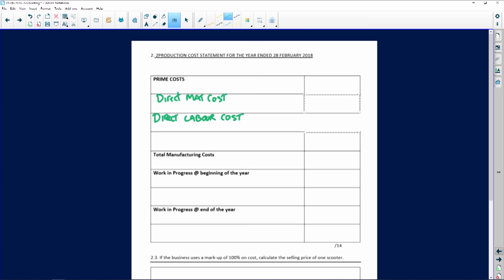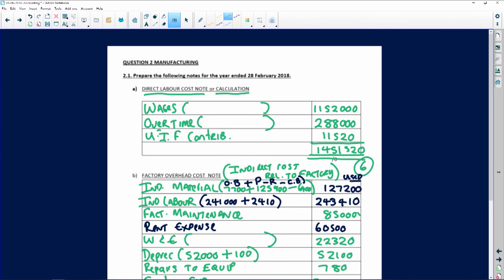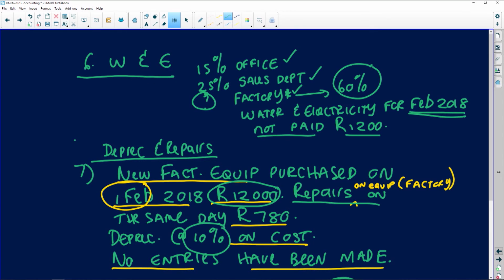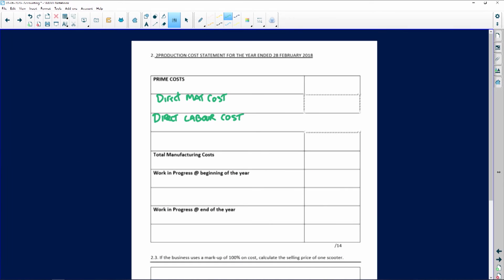So let's start by filling in this figure first. So my direct labor cost, there's that figure, guys. Okay, so I'm going to simply take that through. Oh, there we go. Right, so my direct labor cost, an amount of 1,451,520. Okay, just want to quickly darken that block because that's missing.